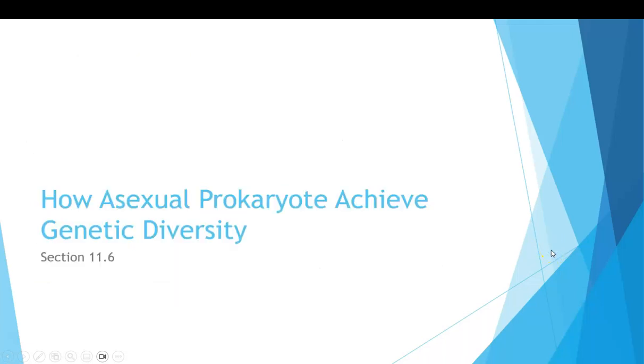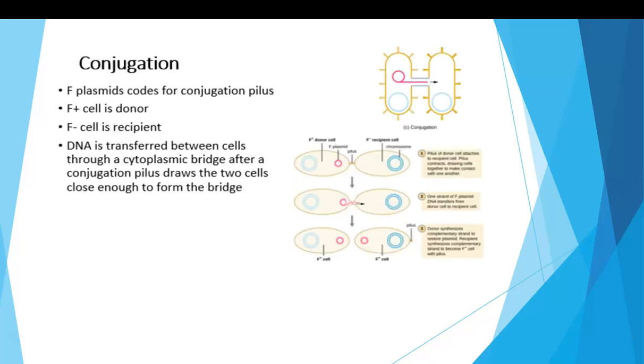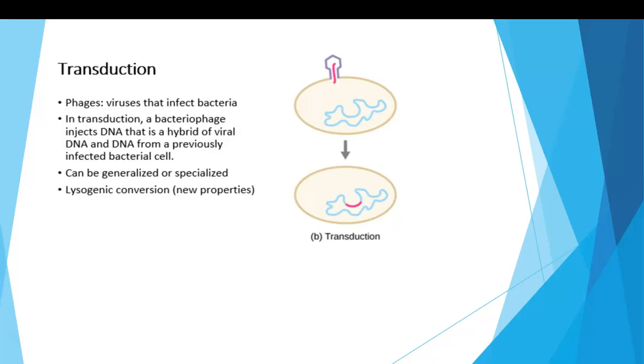At the end of this chapter, we're going to talk about how prokaryotic cells can get genetic diversity. As you know, evolutionary diversity is a very important thing in the survival of the organism. For eukaryotic cells, there is no problem because they have sexual fertilization and meiosis and all those processes that can cause differences.